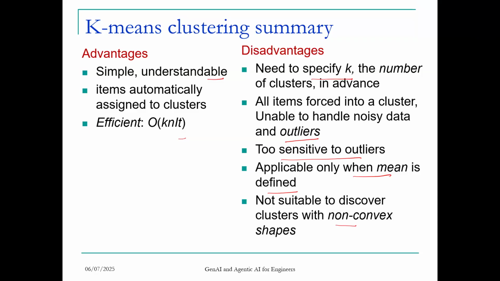Ma'am, is it necessary to include all attributes in clustering, or can we drop some attributes also? Whether to include all or drop some will be part of your pre-processing. Remember, we can always do feature selection also.